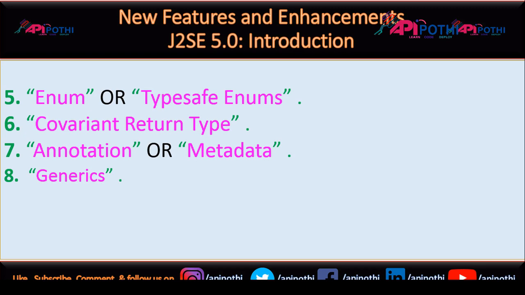Basically it's type safe. Suppose you are creating one instance of ArrayList, al equals new ArrayList, and we are adding elements: string a, string b, string c. This is my internal implementation, and I have given this list class to a different program or different people.